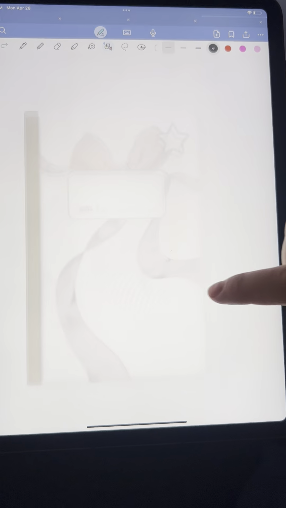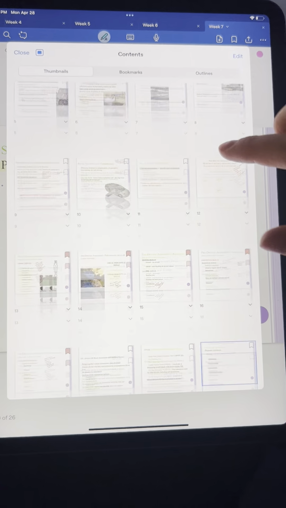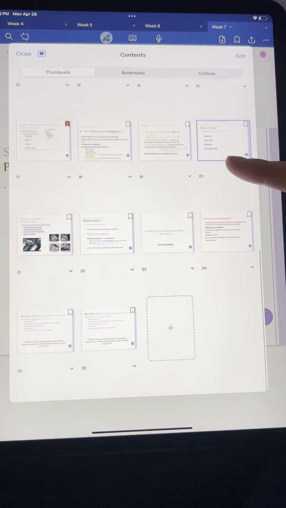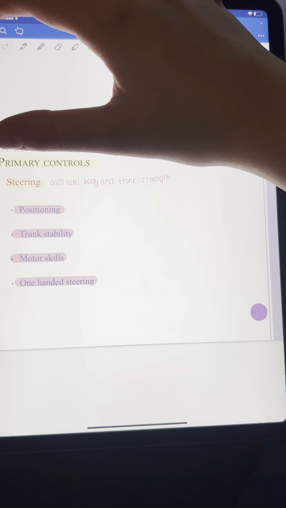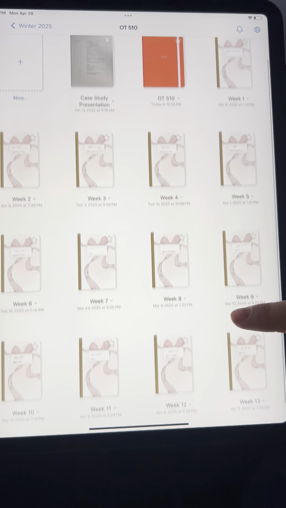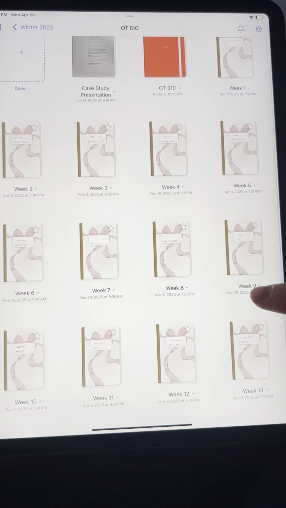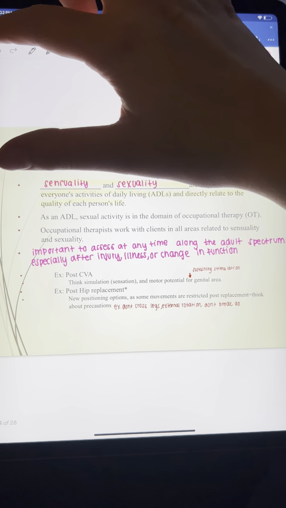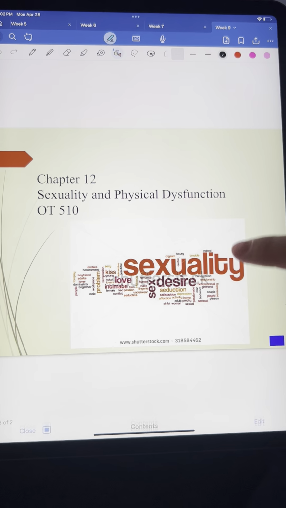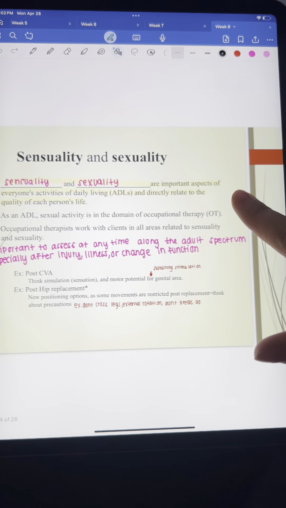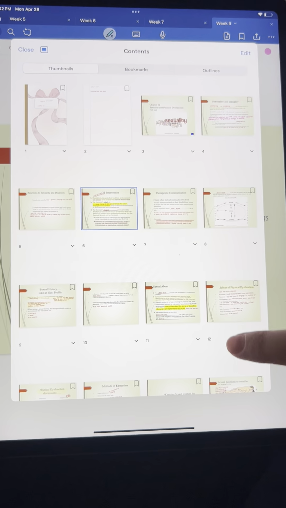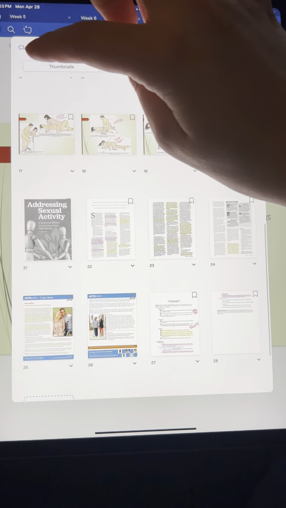Week 7, we did driving. Week 8 was spring break, so that's just empty, just there for placeholder. And then week 9 was the sexuality, and then the readings.